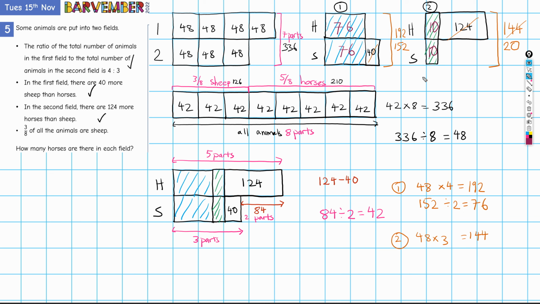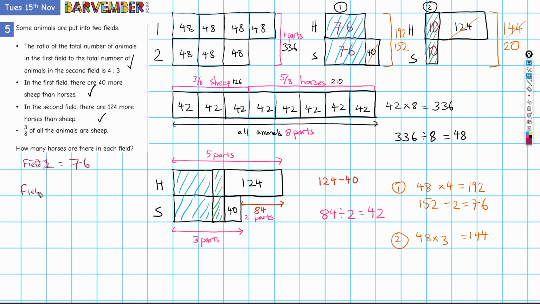And now things are looking very promising, because if we go back to the question, we are asked how many horses there are in each field. Well, this is field 1. And how many horses are there in field 1? Well, there are 76 horses in field 1. So field 1, I don't know why that's doing that, is 76.